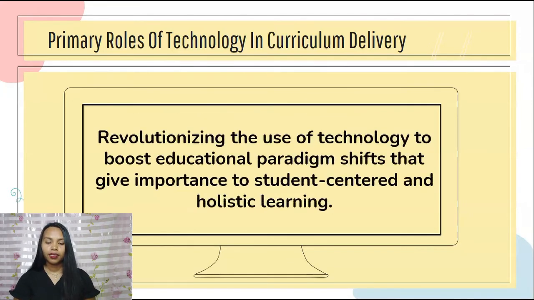The last one is revolutionizing the use of technology to boost the educational paradigm shift that gives importance to student-centered and holistic learning. Improving educational devices can help to maintain a high-quality learning atmosphere and learning-centered approach. Education must be technologically driven.